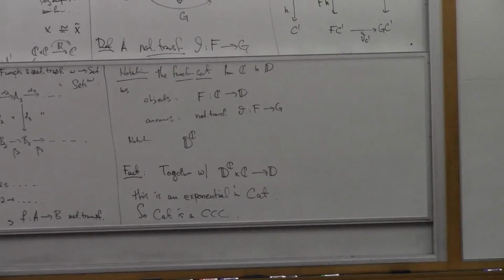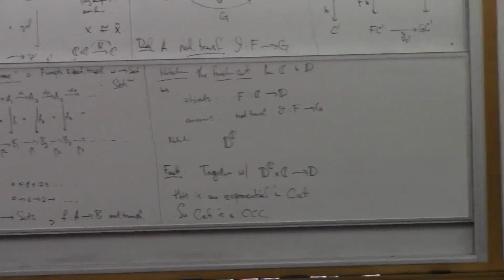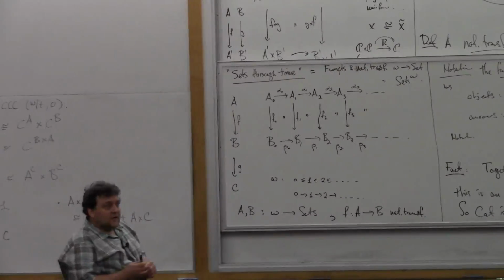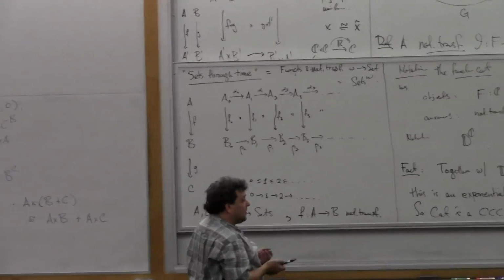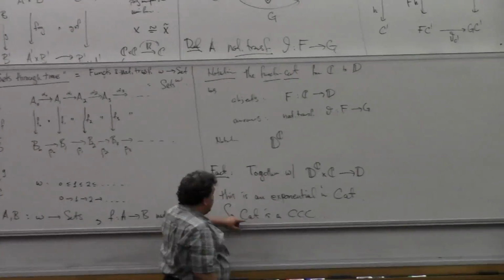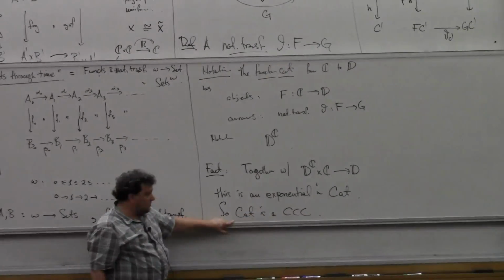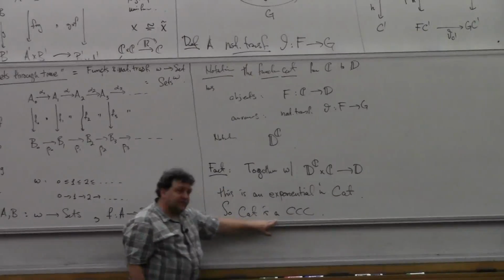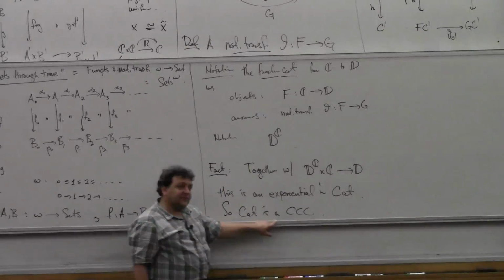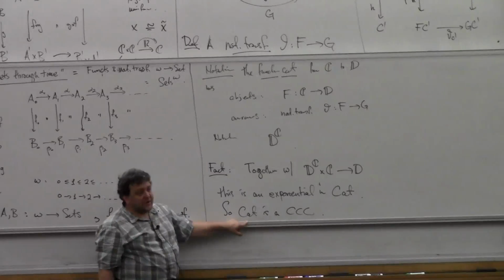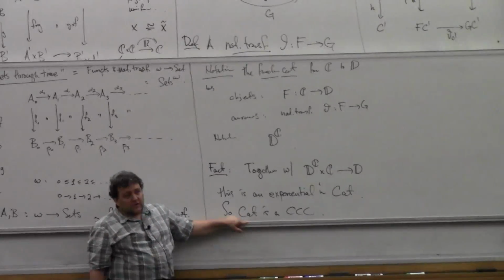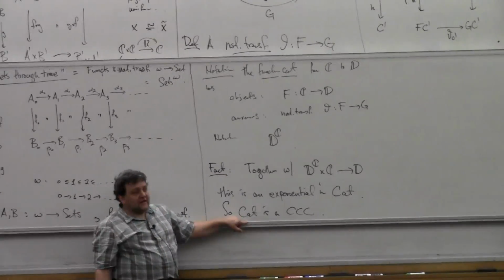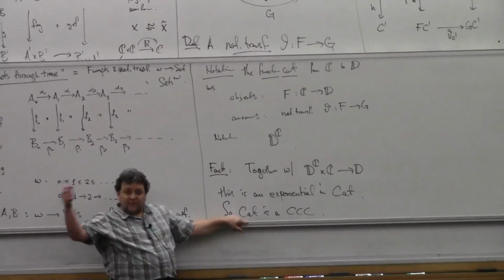So that's kind of cool. What it tells us is that we've got the definition of natural transformation right. If we start out asking for a Cartesian closed structure on Cat, we know there's only one, if there is one at all. It's unique up to isomorphism, because these things are defined by universal mapping properties. So there's at most one way of making an exponential for any two categories up to isomorphism.